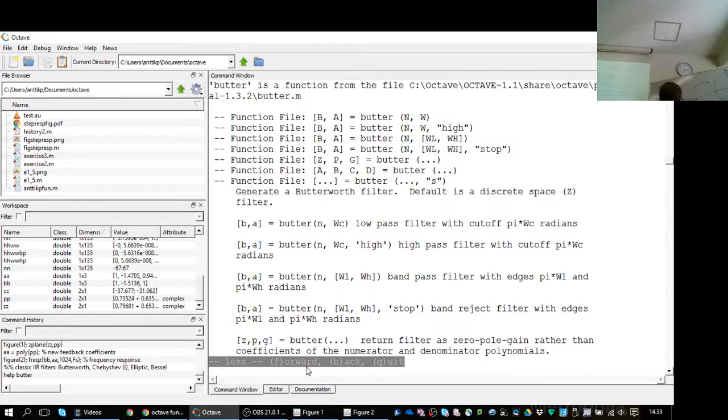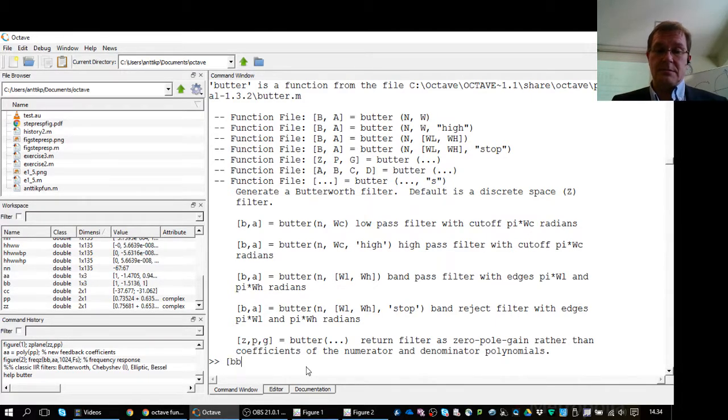So if you have a cutoff frequency of, for example, 1 kilohertz, then you need to adjust that into 1 kilohertz divided by the Nyquist rate, Fs over 2. Yeah. So that's how this function works.